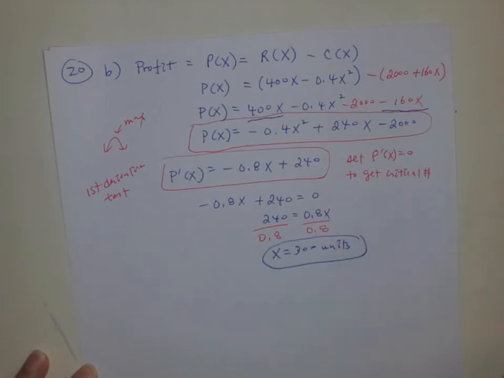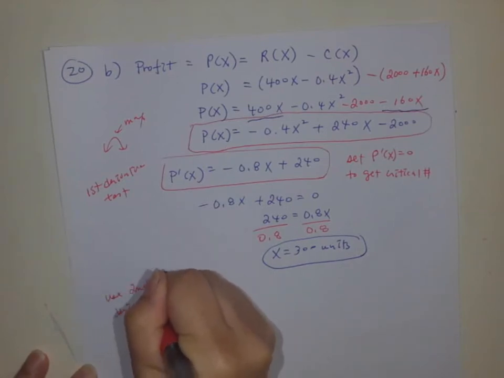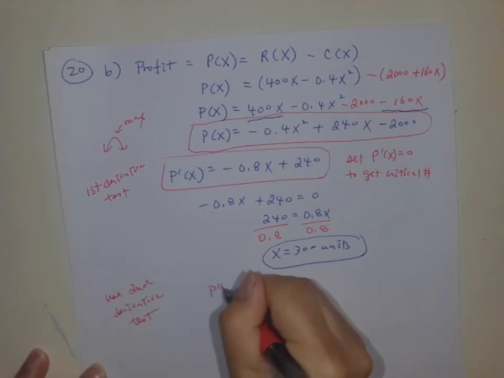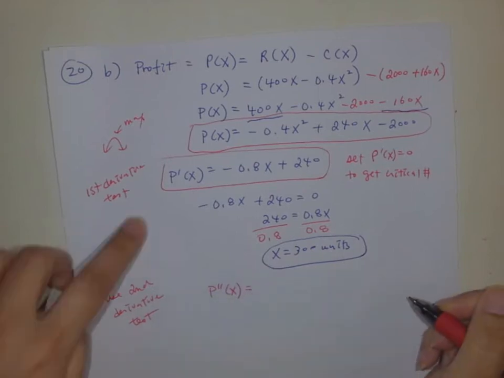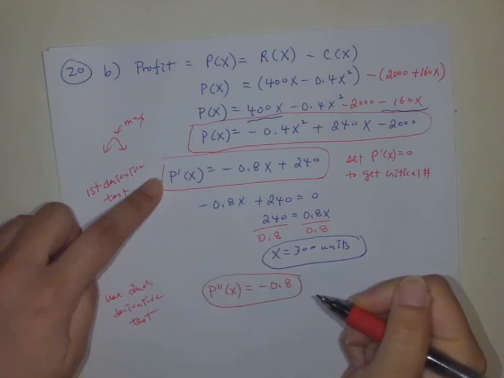Okay, we want to know if this is an actual maximum, so we use the second derivative test. We need P double prime of x. Looking here, we have negative 0.8. Pretty simple.